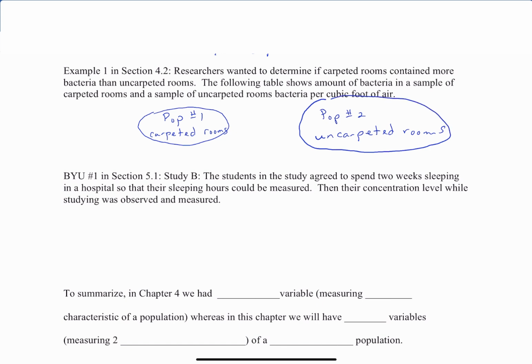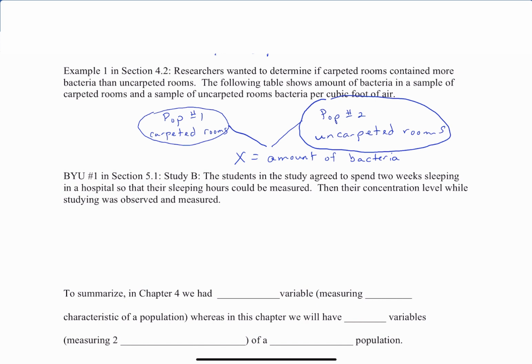In both cases, we were measuring the same characteristic, which was amount of bacteria. So that was our one variable for both populations.